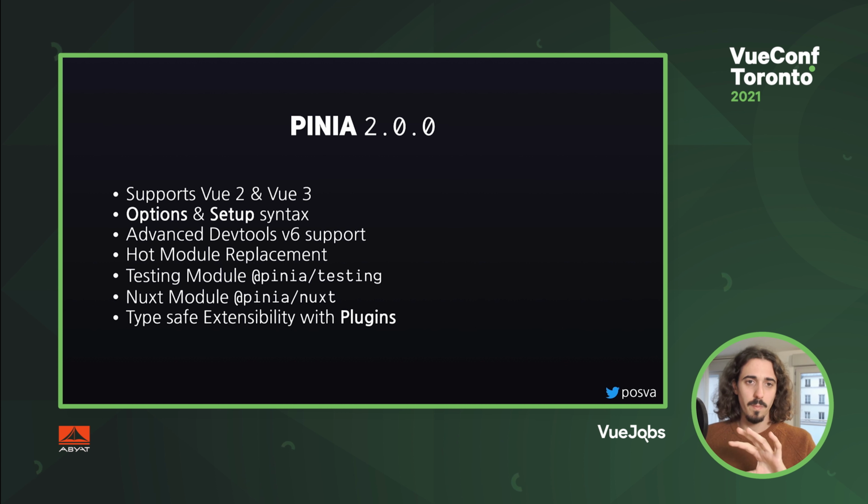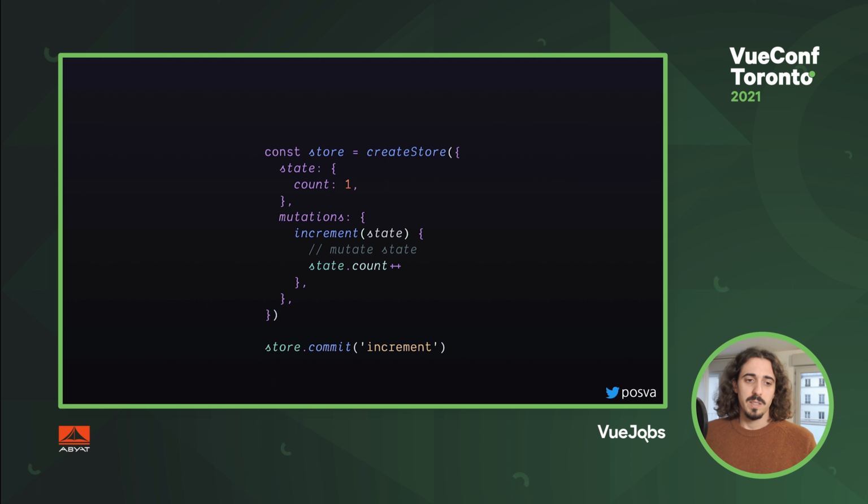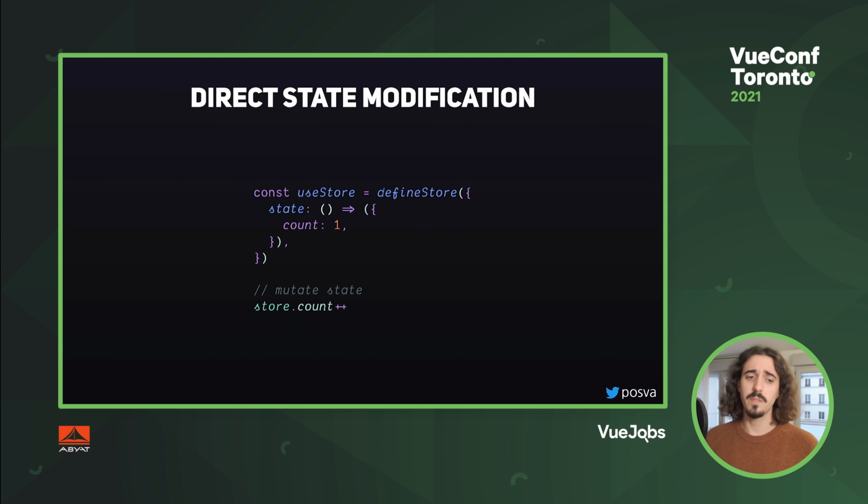And another cool thing is that the core of Pinia, its core API, the way you create the stores, the API that you're going to use 80% of the time, is also what Vuex 5 is going to have. It's what makes Vuex 4 go from this API, createStore with a state, mutations, and then using store.commit, to a much simpler defineStore API with a state that is just a function, and no more mutations, but just calling any change on the state you want.